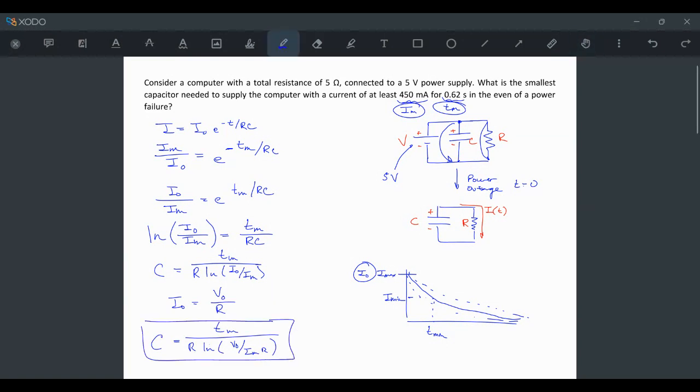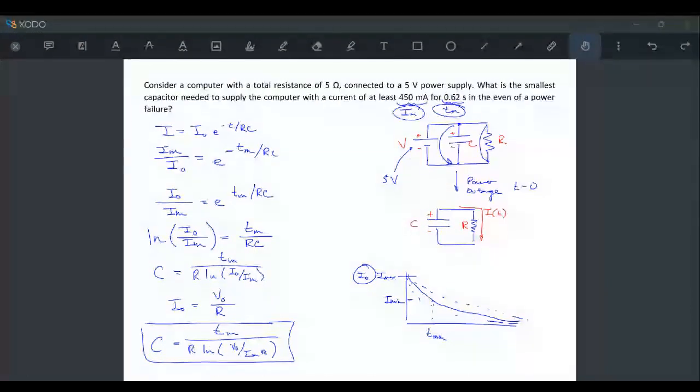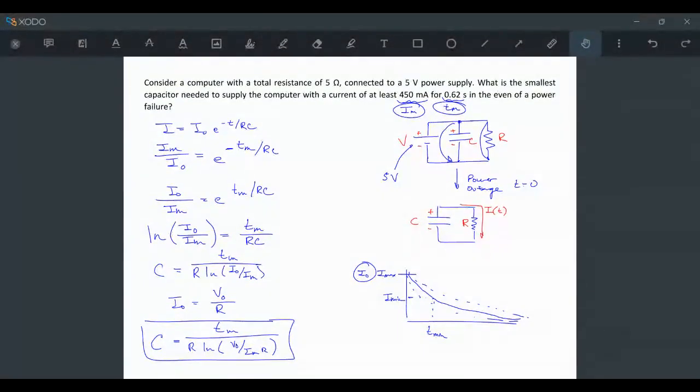One of the nice checks whenever you have an exponential or a logarithm is that the units inside the logarithm should cancel out. We have a voltage on top, and we know that IR is also a voltage on the bottom of the fraction. So volts divided by volts will cross off, and we're good. We are happy with the units in there. That's a really simple, easy check to make sure that we know what we're doing.